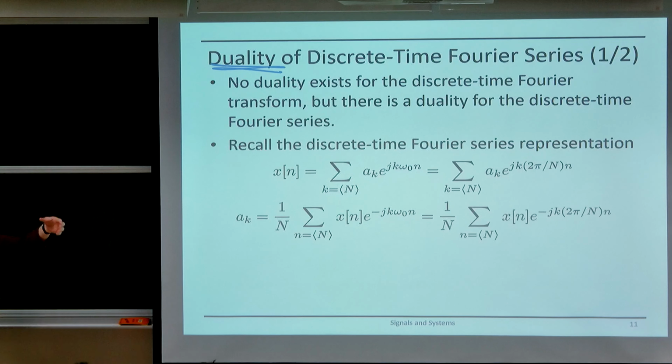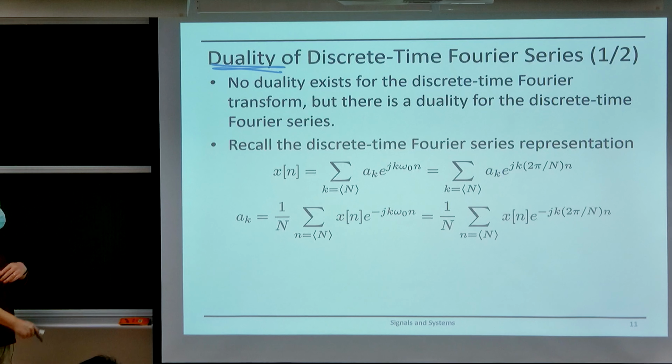So we convert this x[n] to a spectrum that's continuous using a summation, but we convert the spectrum to a discrete time signal using an integral form, okay? So this integration and summation doesn't really have a dual form, right? So that's why we didn't talk about duality in the discrete time Fourier transform, okay?